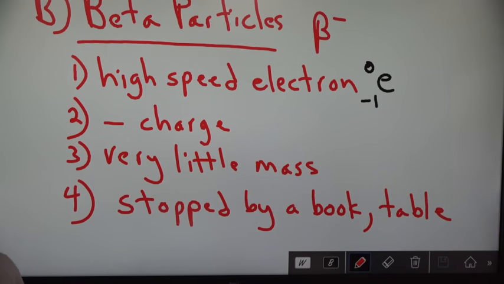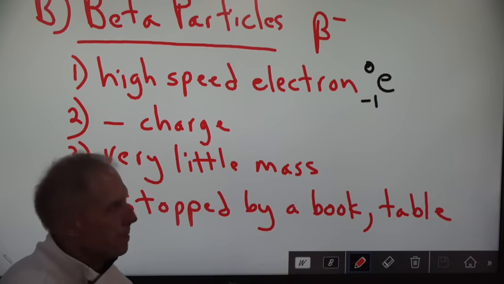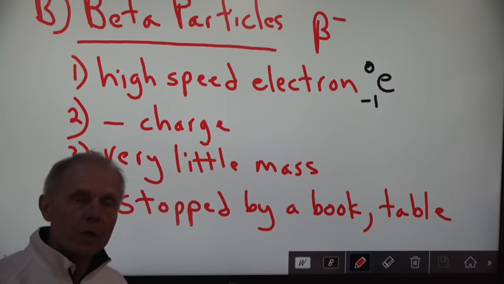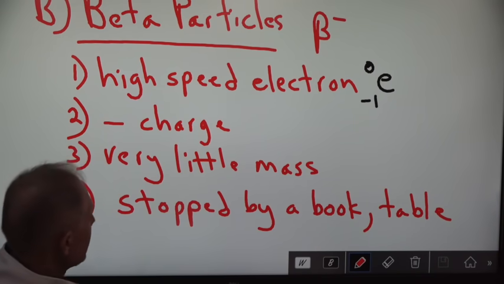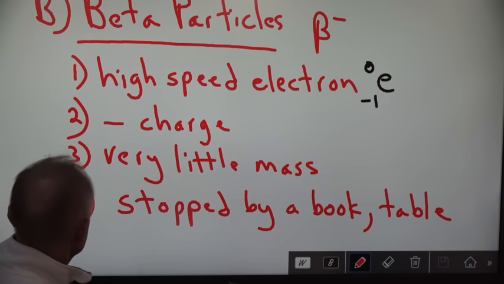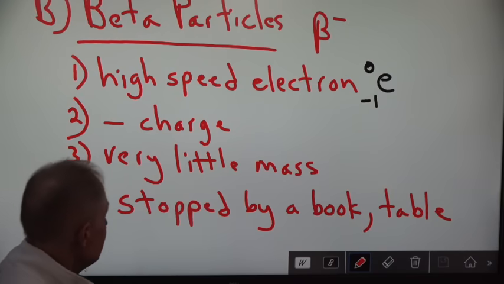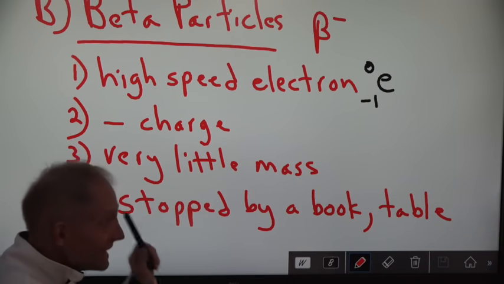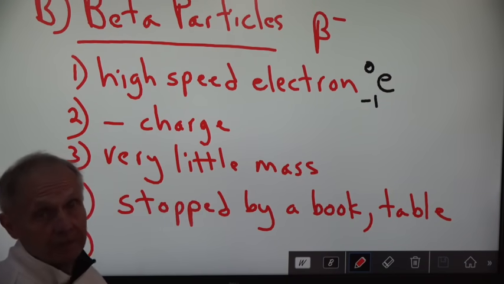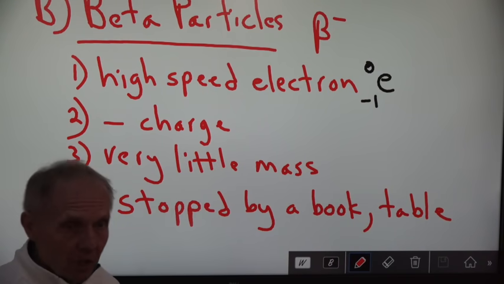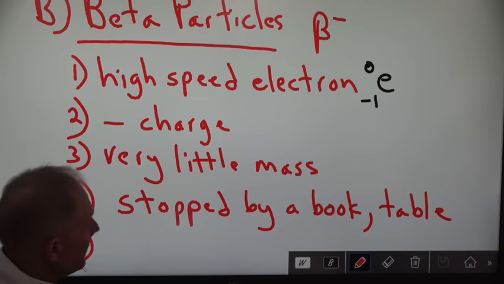Beta particles can be stopped by a book, about that thick, or a table, a piece of wood, anything like that. Now, these will penetrate skin. Okay, we're going to be talking about all this later, but we might as well talk about it now.